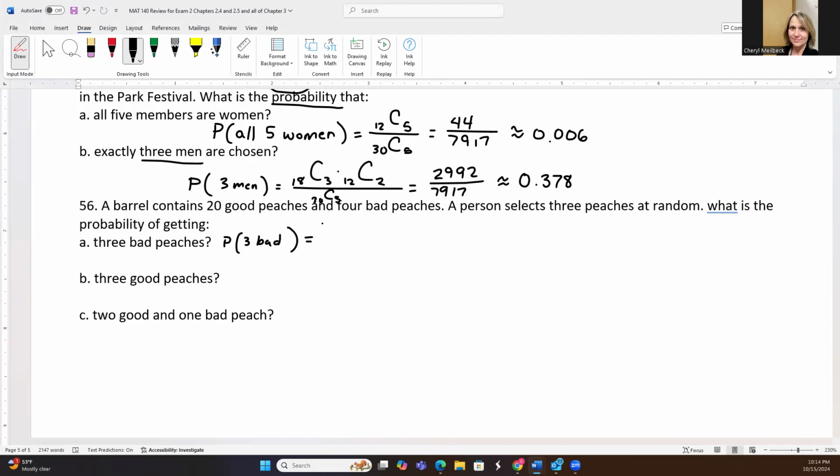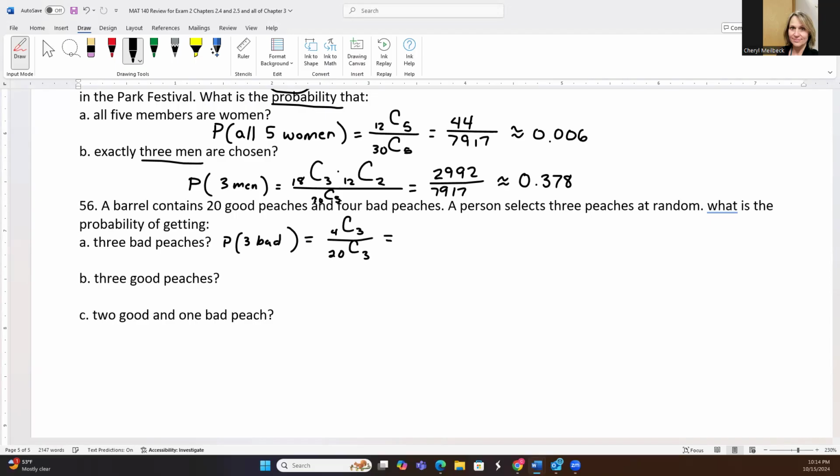If order mattered, then we'd be using permutations instead of combinations. But order doesn't matter. So 3 bad, there are 4 bad. So there would be 4 choose 3 in the numerator. And then, there are 20 good peaches, but you're only choosing 3. So it's going to be divided by 20 choose 3.